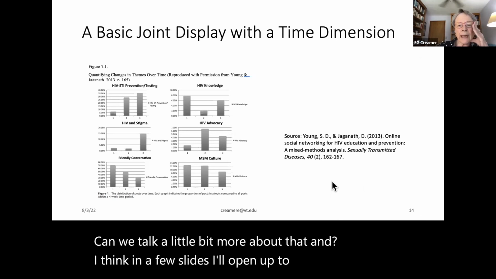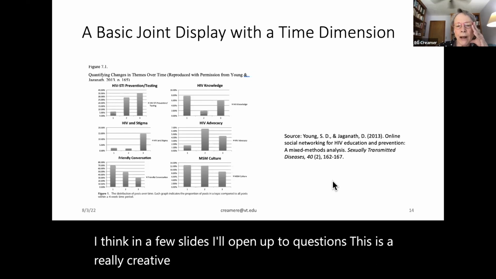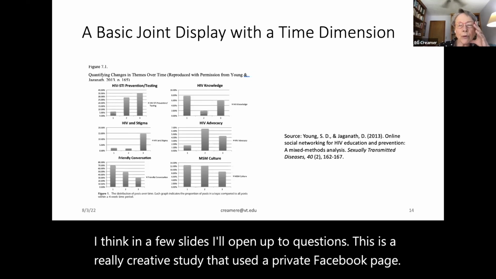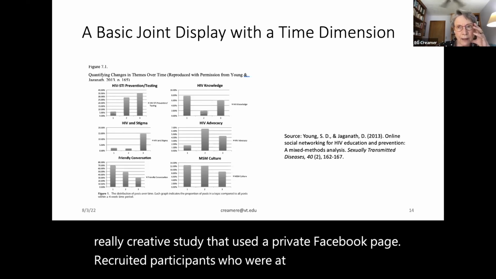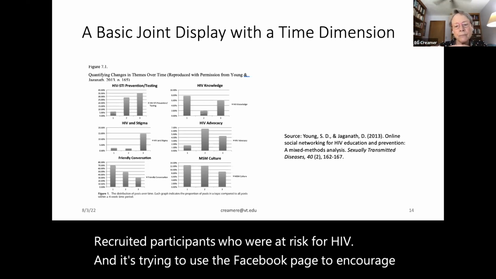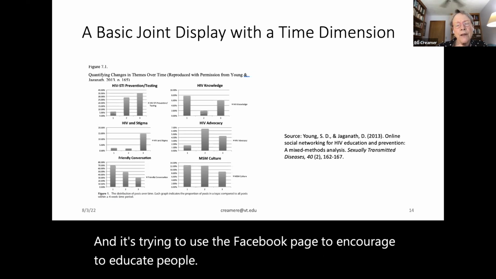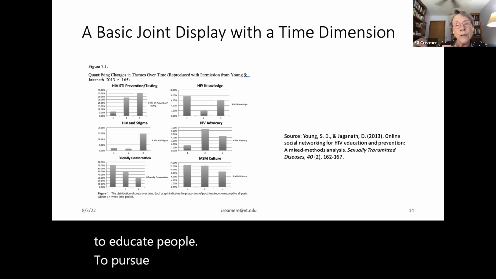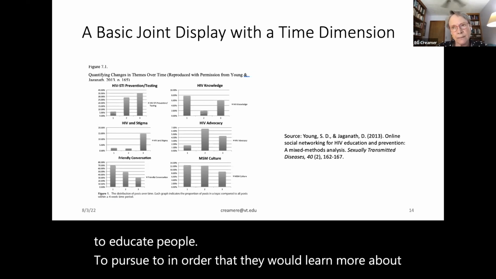This is a really creative study that used a private Facebook page, recruited participants who were at risk for HIV, and it's trying to use the Facebook page to encourage and educate people so that they would learn more about HIV and testing.